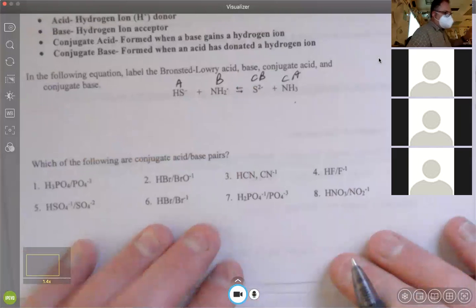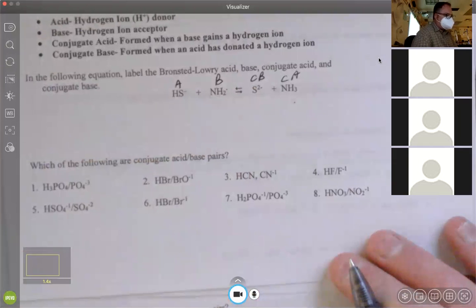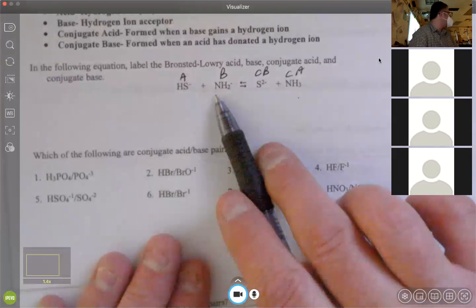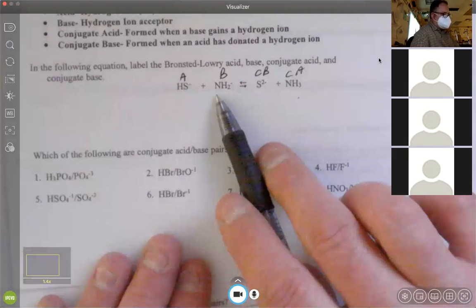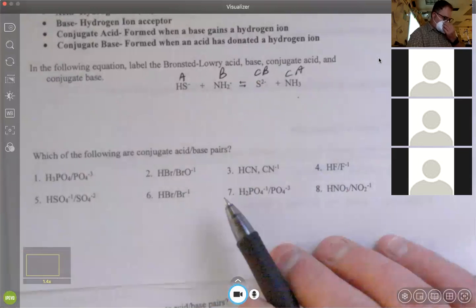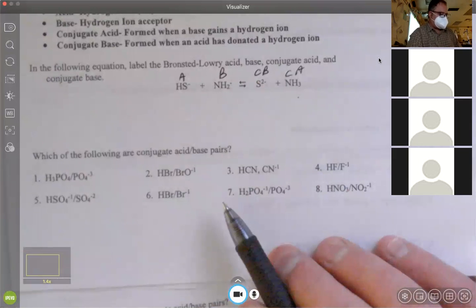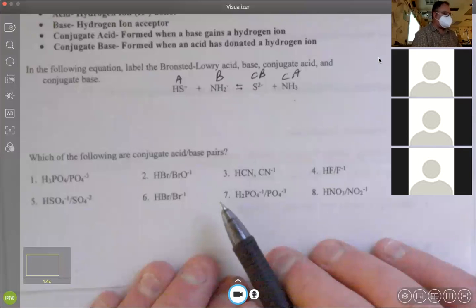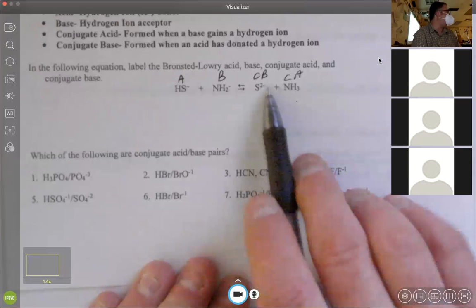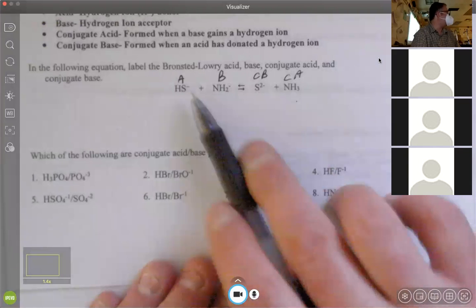If we did the reverse reaction, then this would be the acid and this would be the conjugate base. Does that make sense? Why is it the conjugate base? Because if we did the reverse, what does S2 negative do? It accepts an H, so it's the conjugate base.